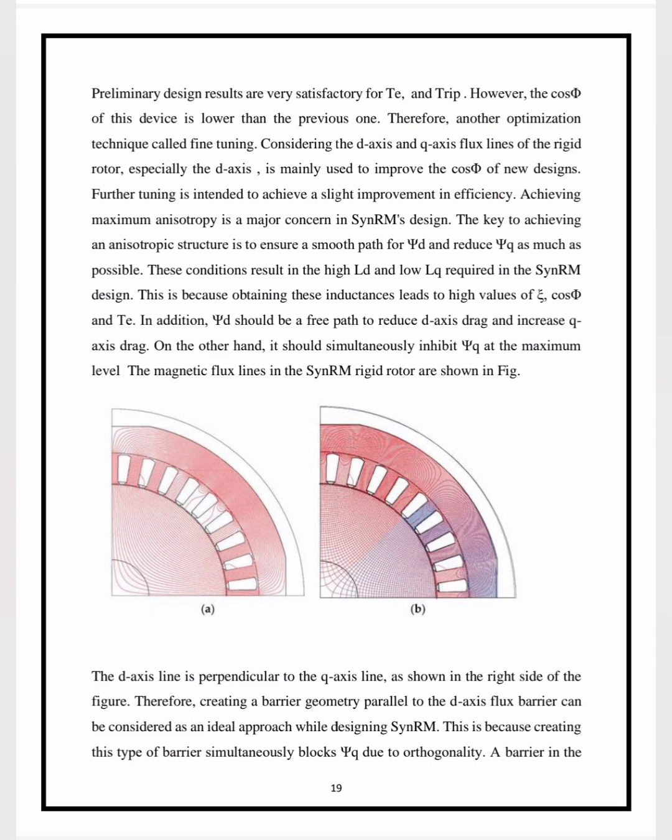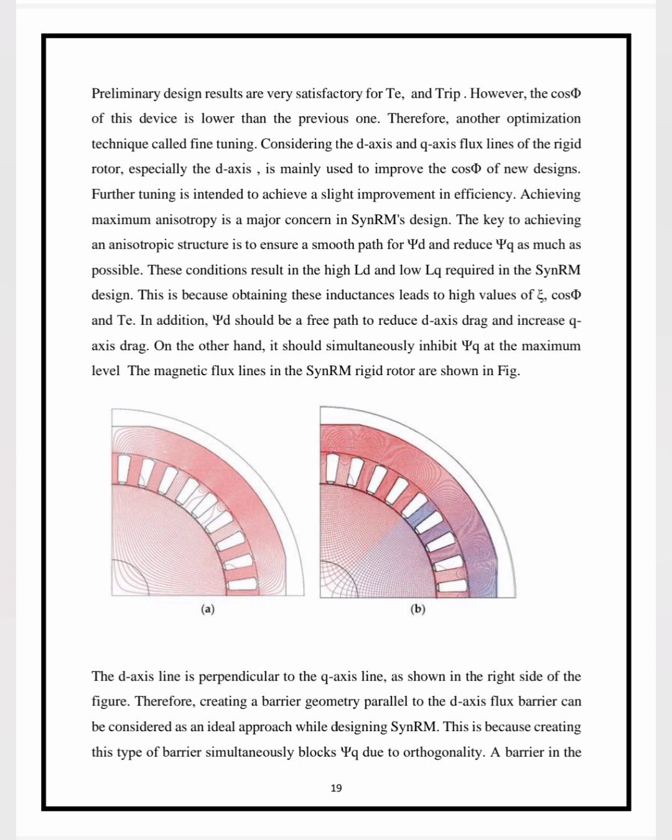In addition, psi D should have a free path to reduce D-axis drag and increase Q-axis drag. On the other hand, it should simultaneously inhibit psi Q at the maximum level and keep psi D at a low level. The magnetic flux lines in the CNRM rigid motor are also shown in the figure.